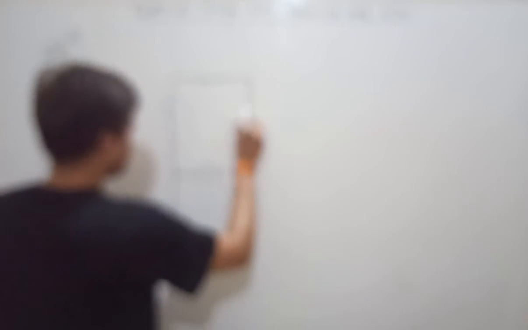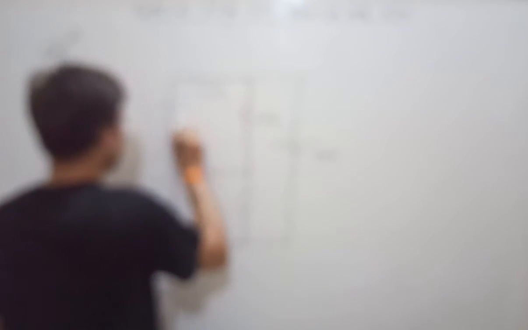The question is given. 10 volt, 1 ohm, 1 ohm, it is also 1 ohm, it is current of 2 ampere, here it is 1 ohm, here it is 1 ampere, here it is 1 ampere, here it is 1 ampere.